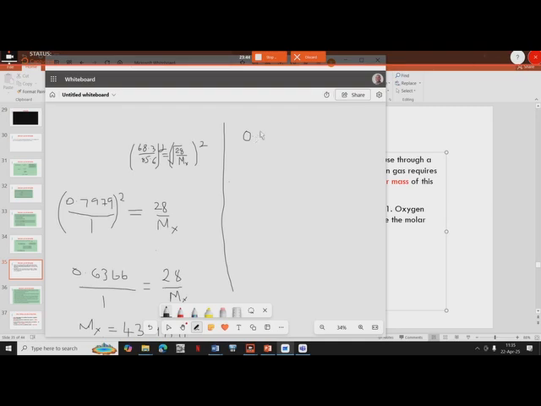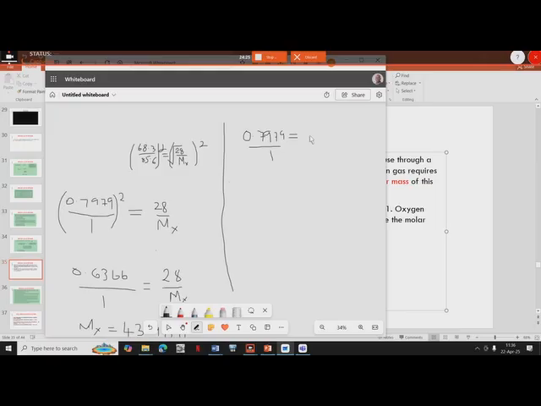So I can also have another option where I divide 68.3 by 85.6, and I get 0.7979, which will be equal to the square root of 28. This is divided by 1. This is out of 1. We can work out that.